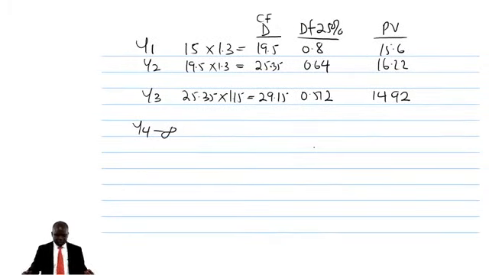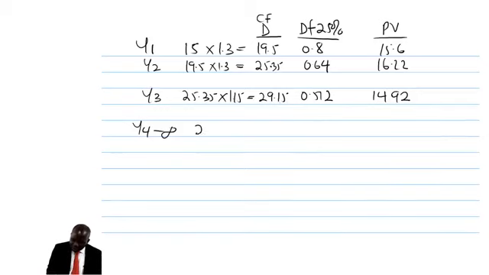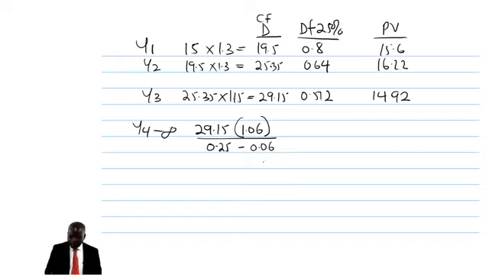So I'm picking year 3 as my base of the 29.15, and that is what is subject to the growth to perpetuity of 6%, divided by cost of equity of 25% minus the growth rate of 0.06. Because I haven't started from year 1, I'm starting from year 3 as the base. It means I have to discount it to year 0.